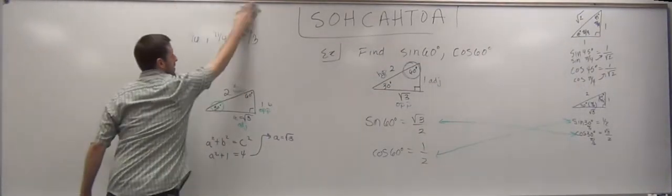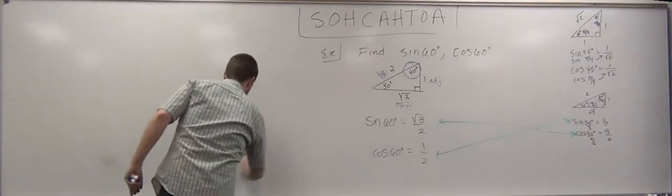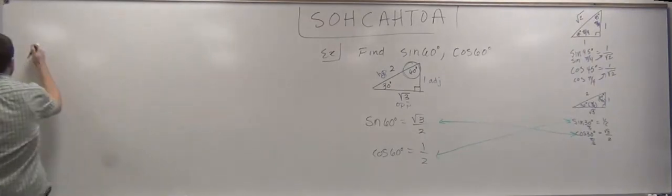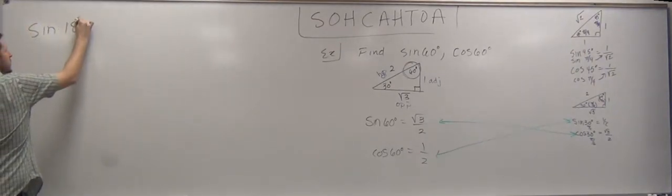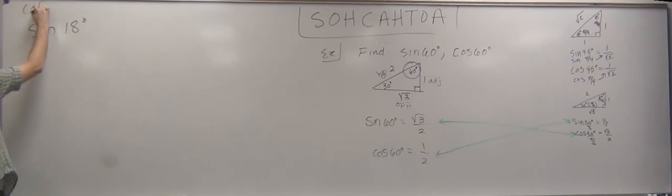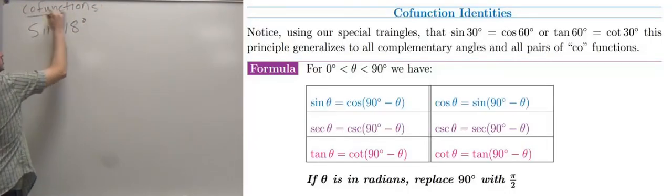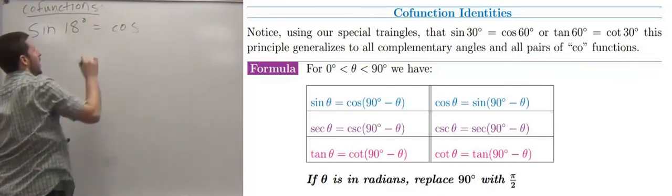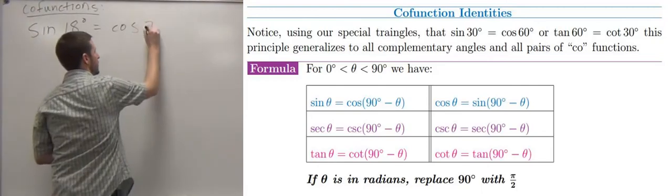More generally, I've written the most general statement up there, but just so you have an idea of what I'm talking about, sine of 18 degrees, using this cofunction idea, should be equal to cosine of what? 72 degrees, the leftover out of 90.